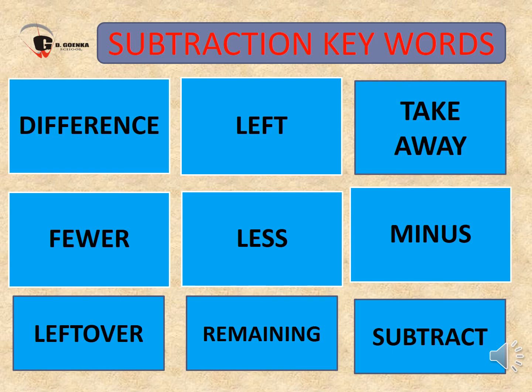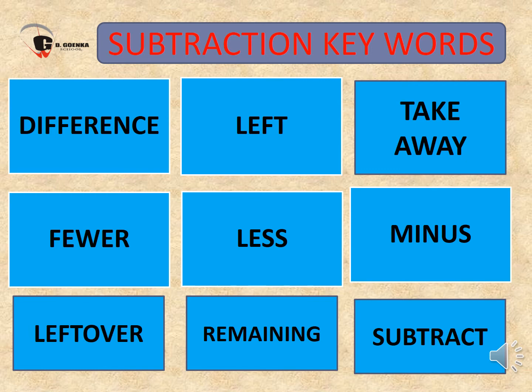And when we are doing story sums, we'll have to take care of the keywords, which means that whenever you see any one of these keywords in a story sum, it means you will have to subtract the numbers. What are these keywords? I'll tell you.